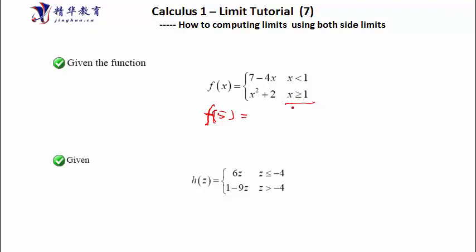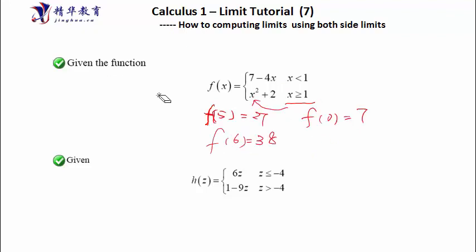So 5 goes into this position: 5 squared is 25, plus 2, which is equal to 27. f(6) is the same thing: 36 plus 2, which is 38. What about f(0)? f(0) does not belong here, it belongs here, x less than 1. So in this case, it is 7 minus 4 times 0, which is equal to 7. That is the condition thing.